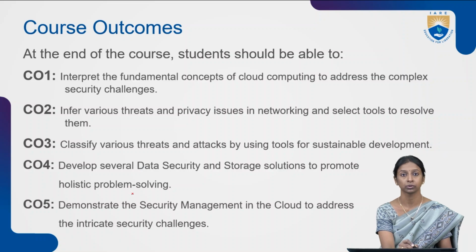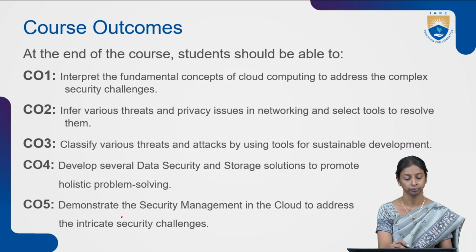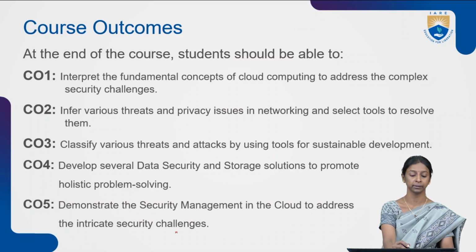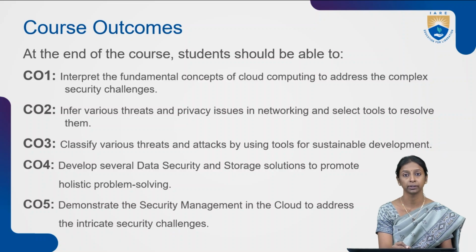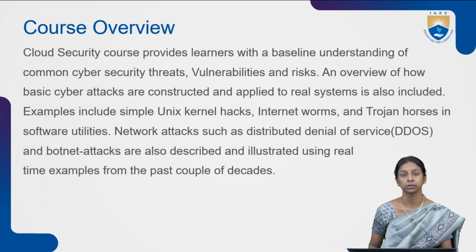According to the fourth course outcome, we can develop several data security and storage solutions to promote holistic problem solving. And the fifth course outcome is to demonstrate security management in the cloud to address intricate security challenges. So these are the 5 course outcomes of cloud security.